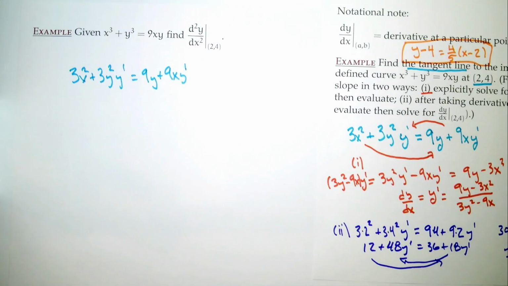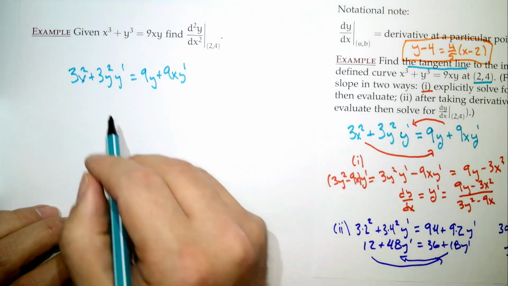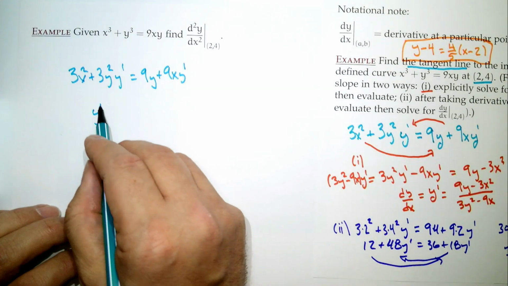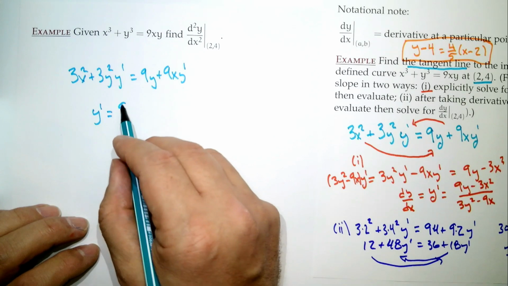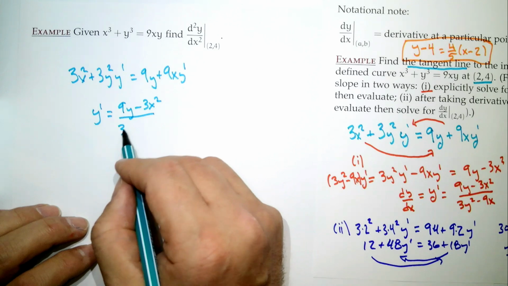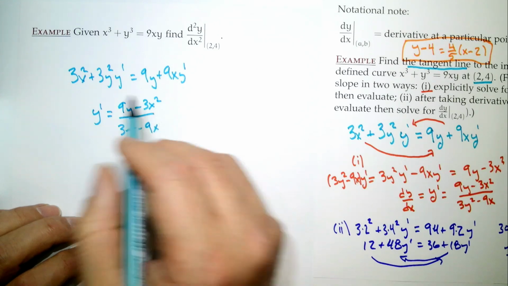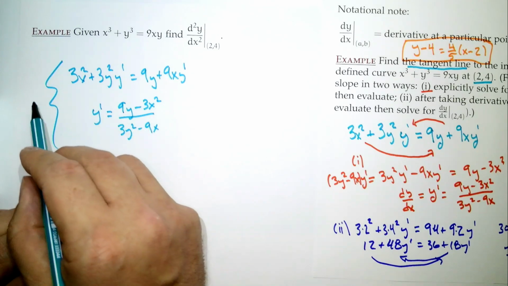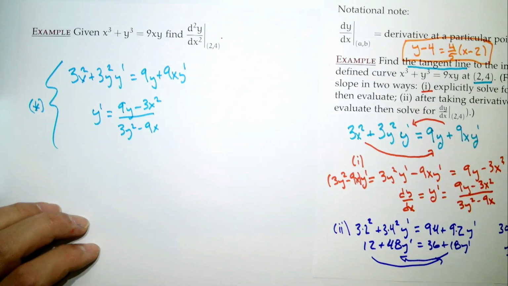But we also have, where is it? Oh yeah, here it is. This was a rearrangement: y prime equals 9y minus 3x squared divided by 3y squared minus 9x. So these are the two facts as we currently know them when it comes to the first derivative.